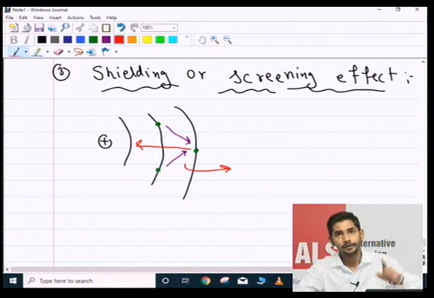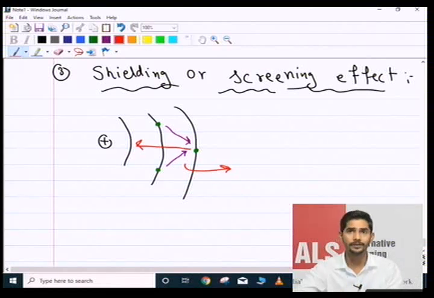If inner electrons are very, very high, the force of repulsion will be very high, so it would be easy to remove the electron because nuclear force will decrease. If inner electrons are high, the outer electron will feel more repulsion, nuclear force will decrease, and ionization energy will also decrease.